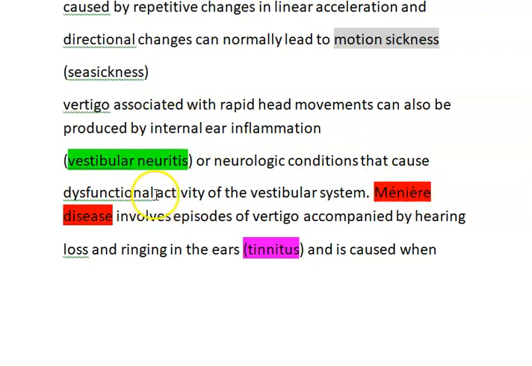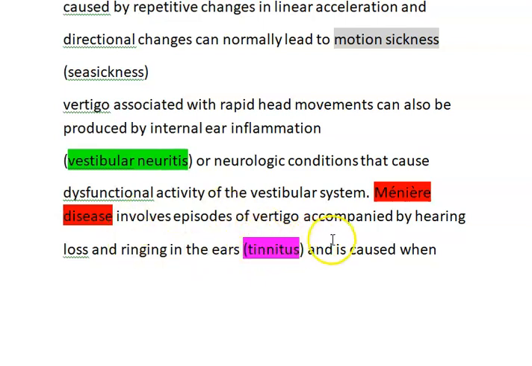Meniere disease involves episodes of vertigo accompanied by hearing loss and ringing in the ear. Some people will come with cases where they're having vertigo, meaning dizziness and they can't maintain balance, but at the same time they're having hearing loss and ringing in their ears. Ringing in the ears is known as tinnitus.